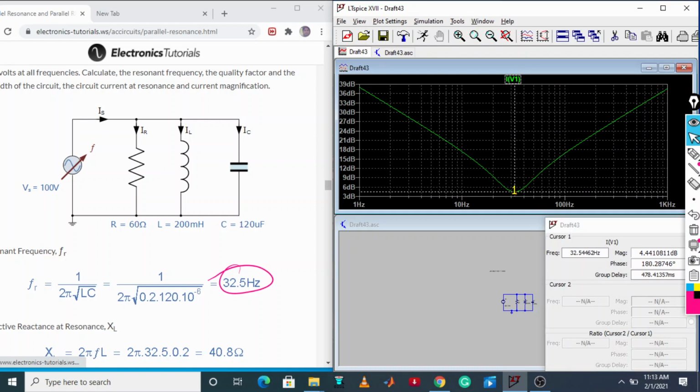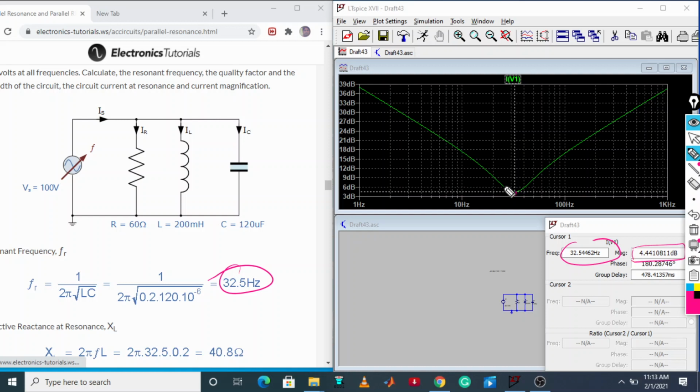See, around 30.9 we have 4.44 dB. It is decreasing, now it came to 4.44, and that is the minimum. So it is coming around 32.5 hertz, exactly 32.5 hertz we got it. Now this is your resonance frequency, and we have seen that the magnitude is around 4.44 dB, which is lesser.